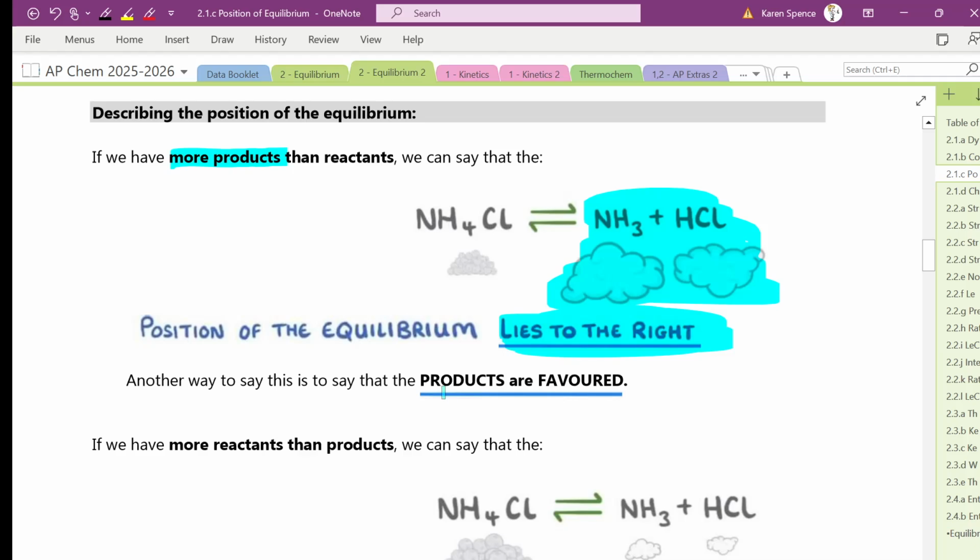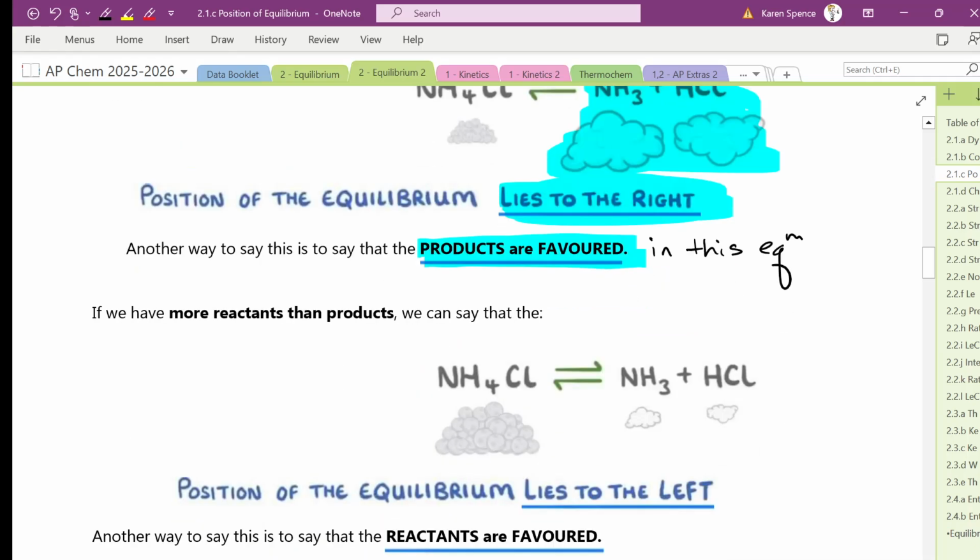Another way to say that is that the products are favored in this equilibrium. Does that make sense? The equilibrium lies to the right. We got more products than reactants. It favors the products. It lies more towards the product.